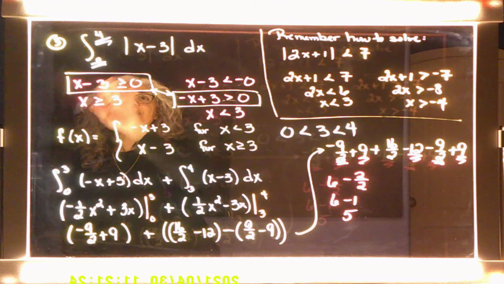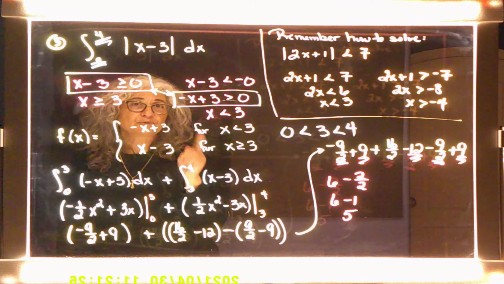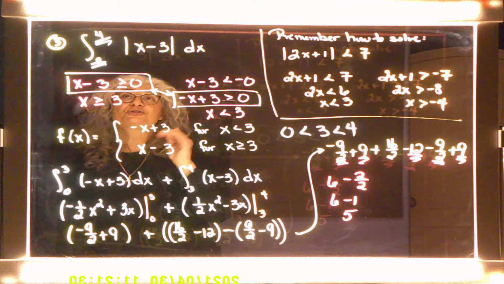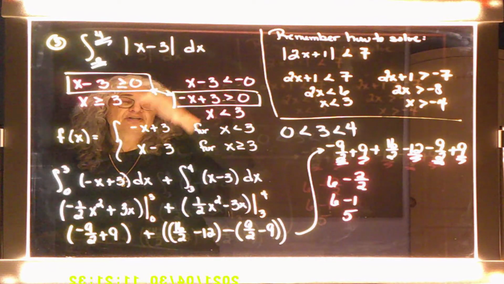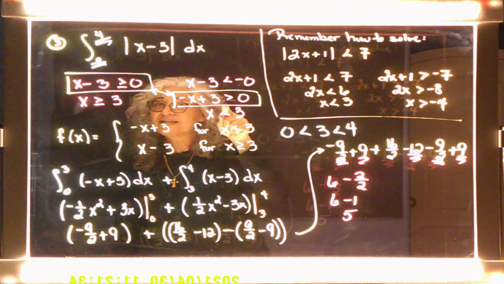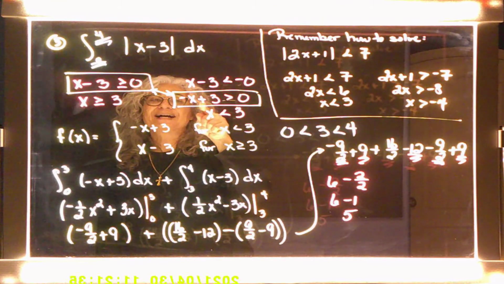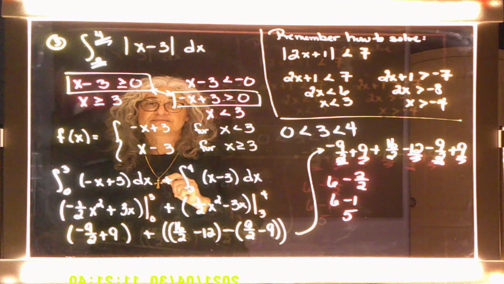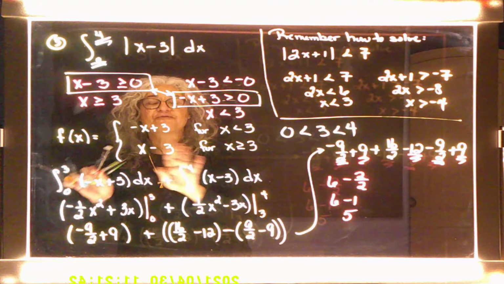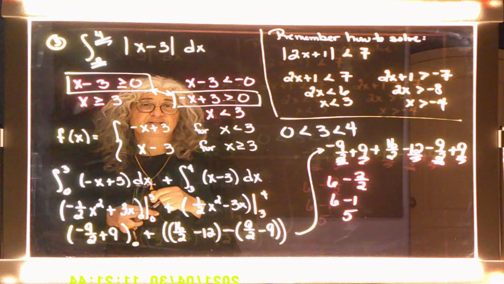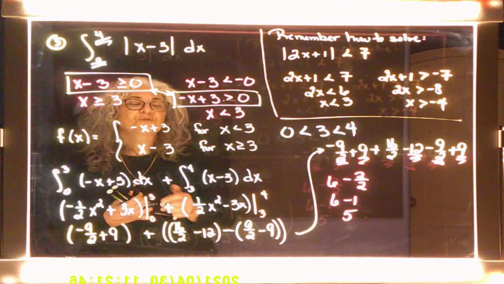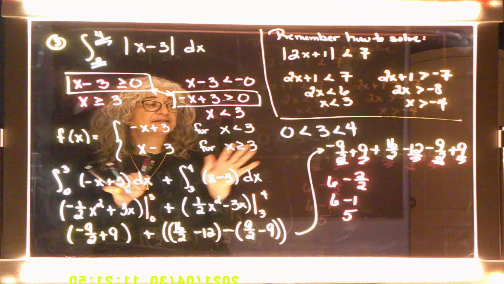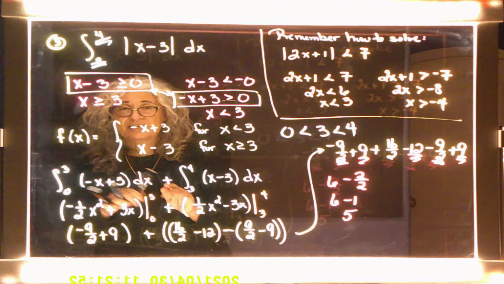So I was going to set the original function greater than or equal to 0 because the interval was greater than or equal to 0. And the second inequality was actually a negative x plus 3 greater than 0. And that ended up with this piecewise function right here. Cool? Okay. If you need to rewind this particular problem so you can listen to it again.